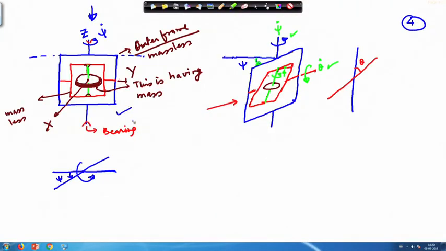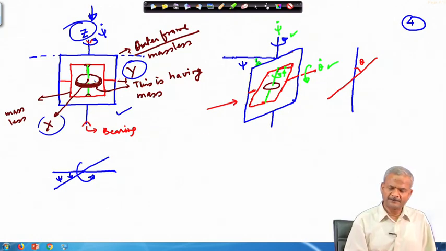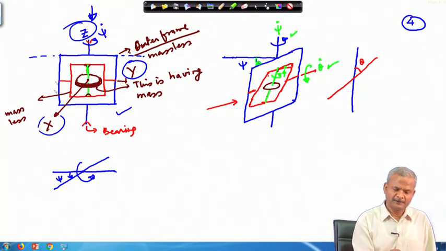So, we have been discussing this gyroscope, and this was our problem. Here it is shown: inertial x direction, inertial y direction and inertial z direction, and with respect to them the gyroscope is rotating like this. The x axis comes out like this, and the y axis has been taken like this, lying in the plane of these frames.